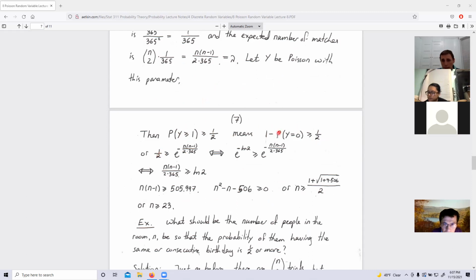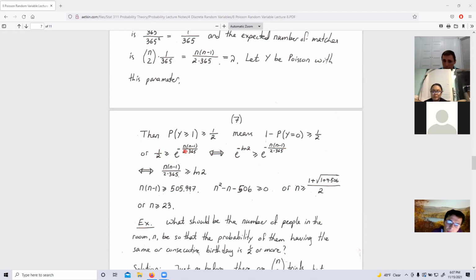that is, if you rearrange everything, it's just the same as 1/2 bigger than this number, because the probability y equals 0 is e to the minus lambda, right? And it has to be smaller than 1/2. That's the same as if I just apply logarithms. You can either do what I did here, or just take the logarithm of this side and the logarithm of that side.